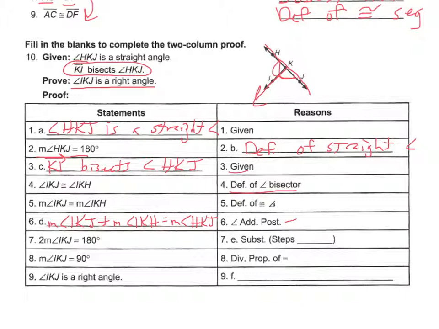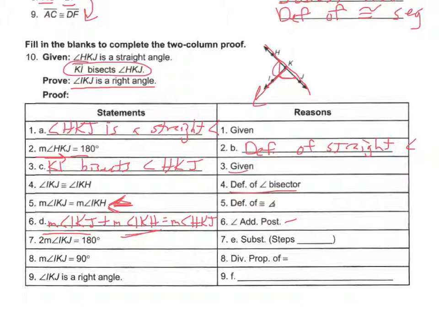Well, they again wrote it 2 times IKJ, but remember, IKJ is congruent to IKH. So basically we could write IKJ plus IKJ, since we already said they were congruent right here, which is why they multiplied 2 times IKJ.